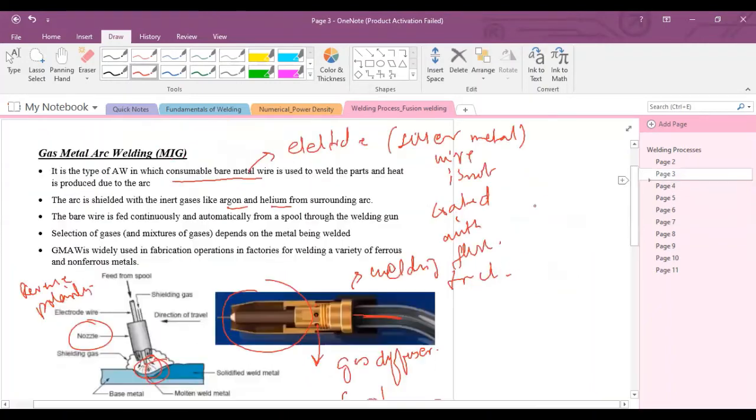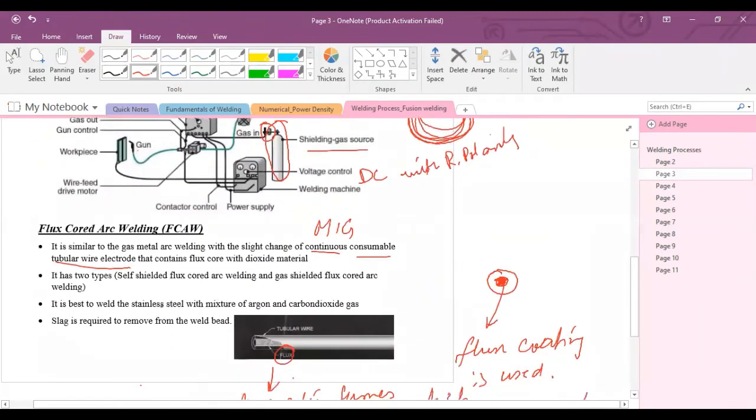This welding process is best suited to weld stainless steel with a mixture of argon and carbon dioxide gas. If you see utensils in your house, they are normally welded with the help of spot welding or flux core arc welding.